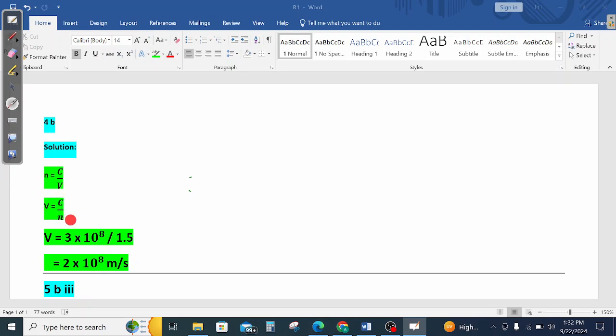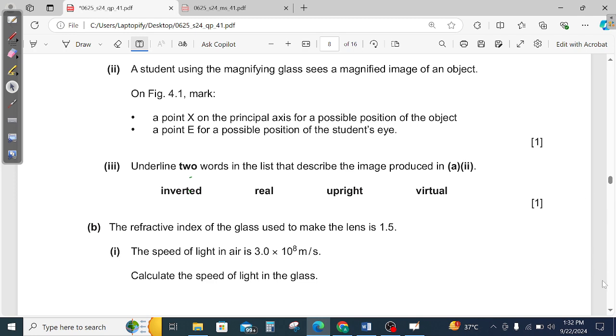The value of c is 3 into 10 raised to the power 8, and the value of refractive index in the question it has given to you 1.5. When 3 is divided by 1.5, you will get 2. This will remain the same. So your speed of light in the medium is 2 into 10 raised to the power 8 meter per second. So it is a very easy question. So move towards the next question.